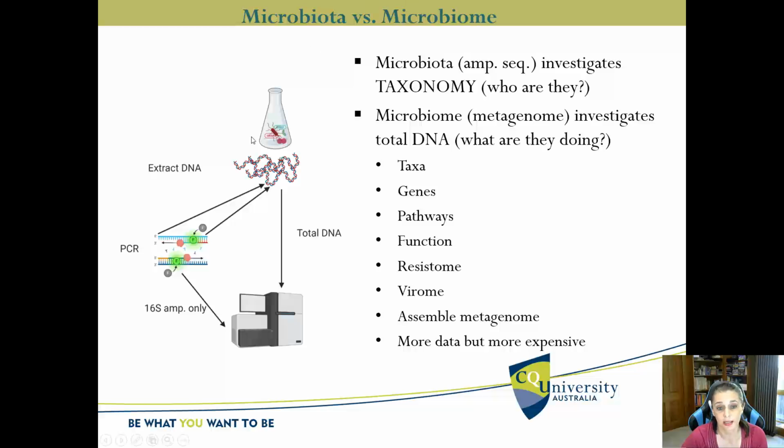Everything in this sample that has DNA, everything living has DNA, so you will pick up that DNA from every gene, not just the 16S gene. The gene that we amplified in the first methodology is similar to a forensic investigation, where there is a gene we identify, or multiple genes, not even genes, regions of DNA in the human genome that can help us identify which person exactly did it.